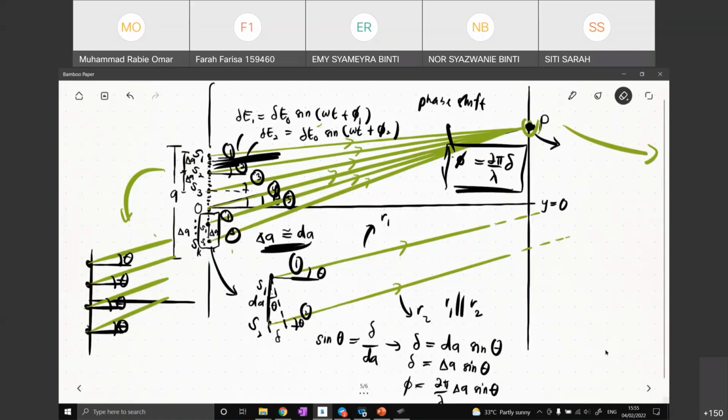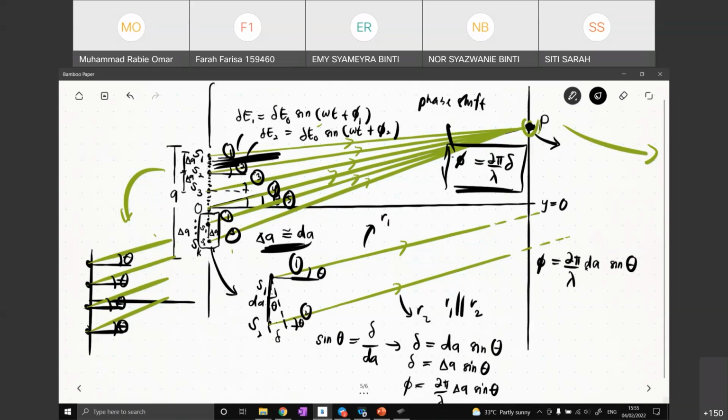Now, hopefully you are able to understand how I derive my phase shift, my value of phi, which is equal to 2 pi over lambda times delta A, or I prefer to write it as dA sine theta.